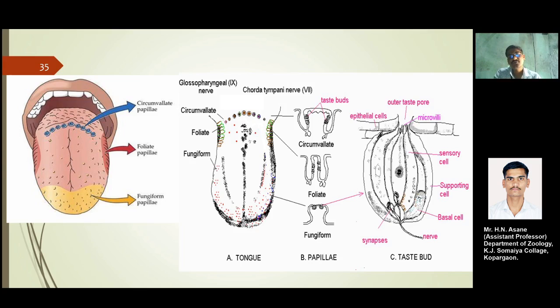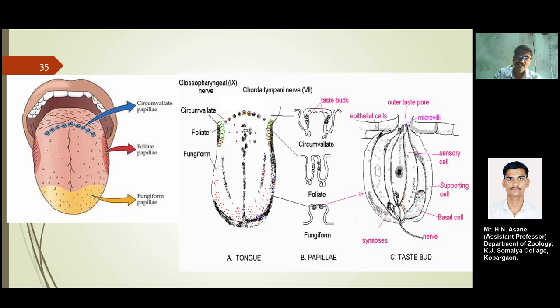The B part shows the papillae structures, how they are seen: the circumvallate structure possessing the taste buds, the arrangement of the foliate papillae, and then the fungiform papillae.